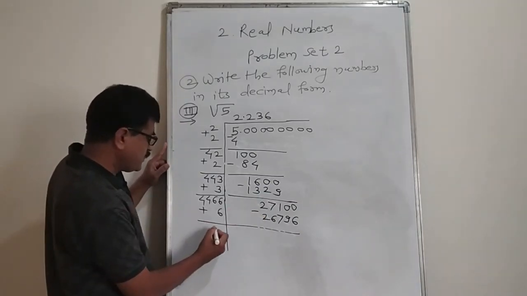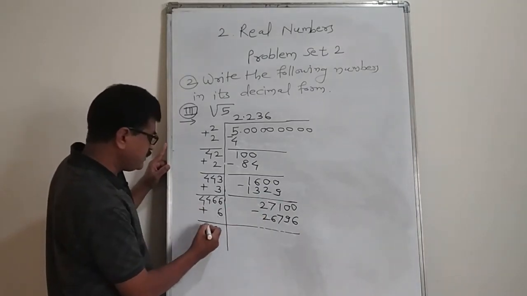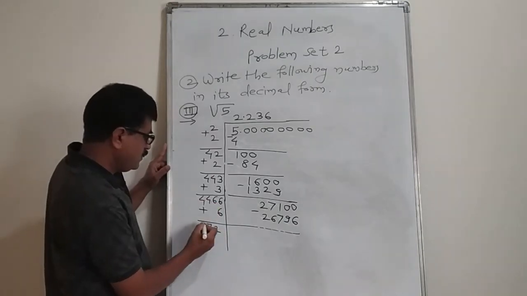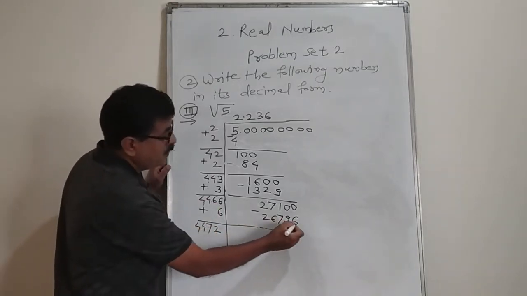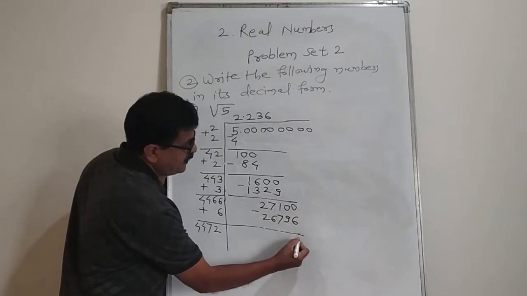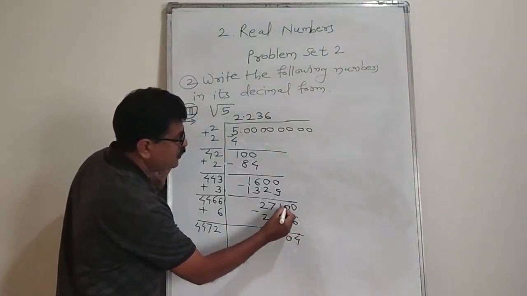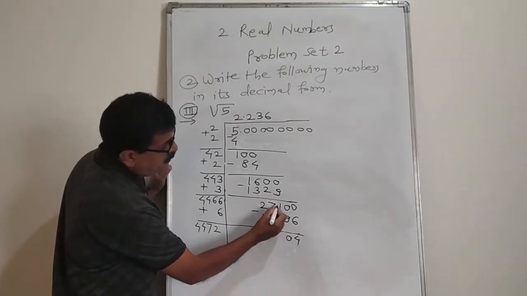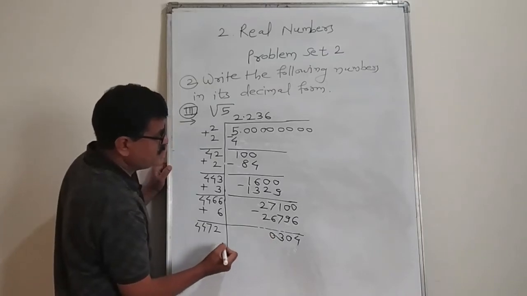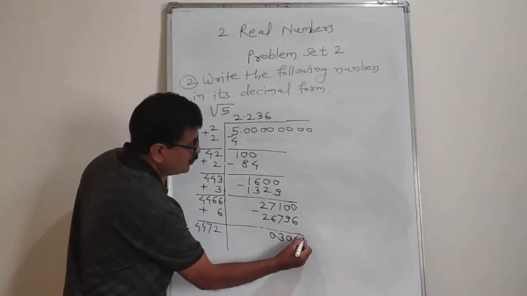Taking addition, 6 plus 6, 12, carry 1, 4, 4. Now taking subtraction, 10 minus 6, 4. 10 minus 10, 0. Here take 11 minus 8, 3. 7 minus 7, 0. Now take 2 zeros.